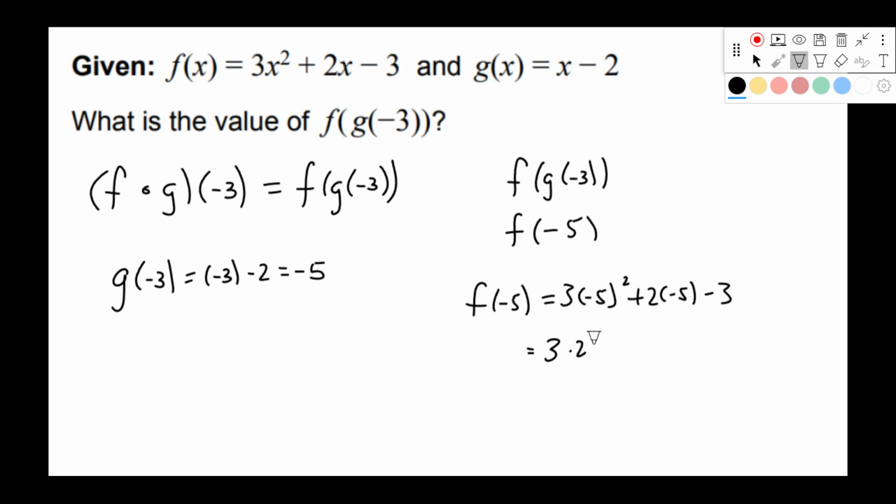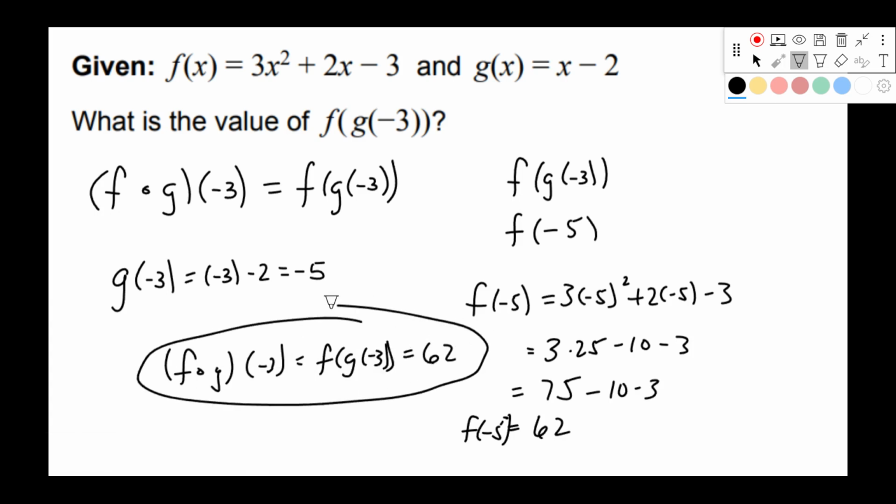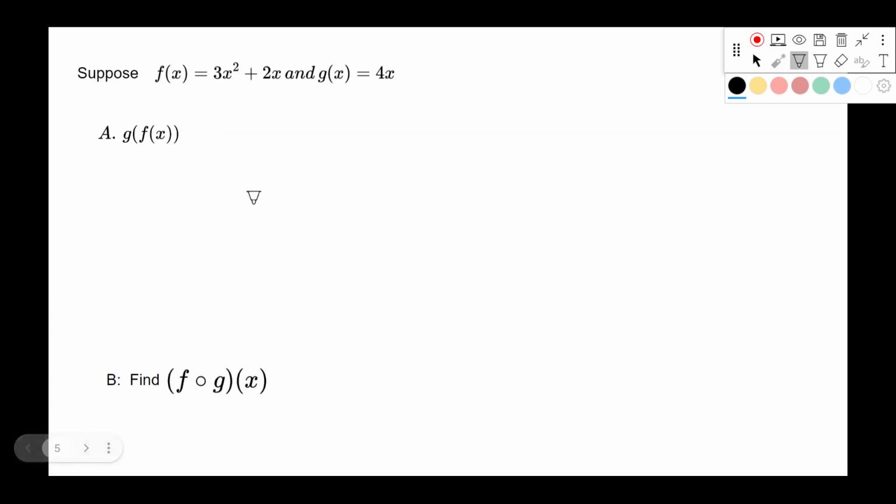We have 3 times 25 minus 10 minus 3. 75 minus 10 minus 3. 65 minus 3 is 62. So f of negative 5 is 62, which means f of g of negative 3 equals 62. And that's my answer. Okay, this is done.